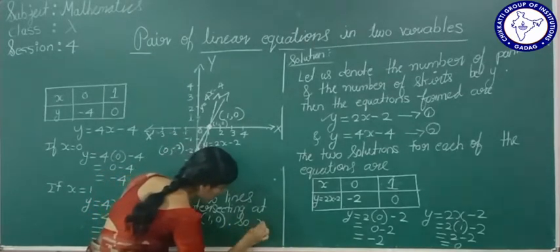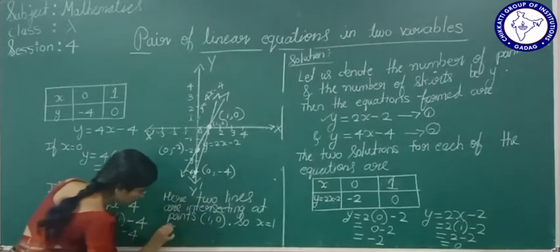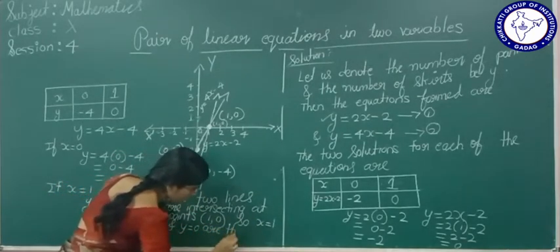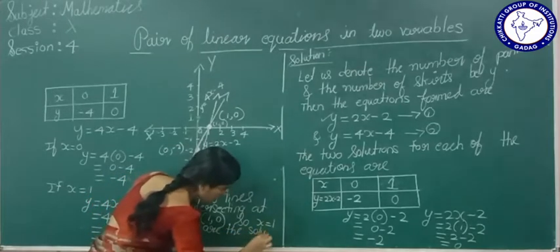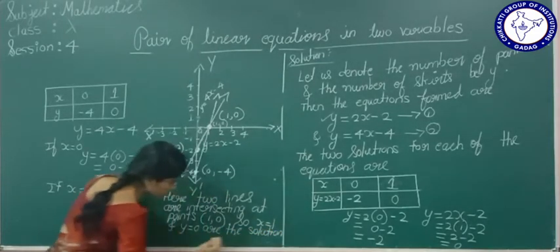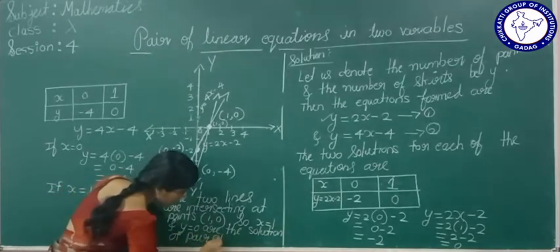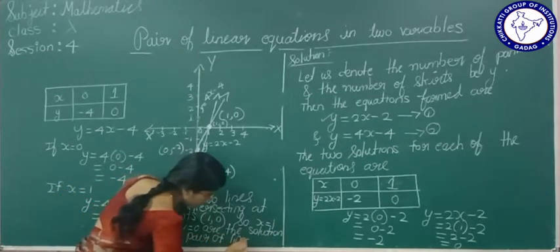So x is equal to 1 and y is equal to 0 is the solution of the pair of linear equations.